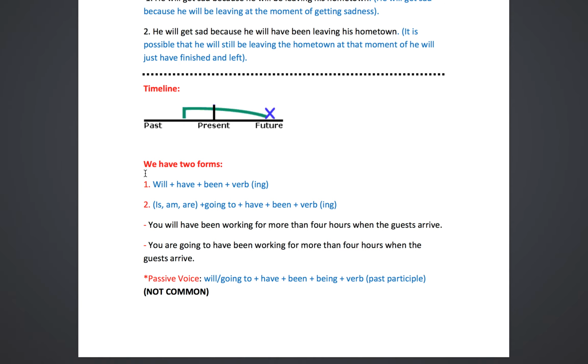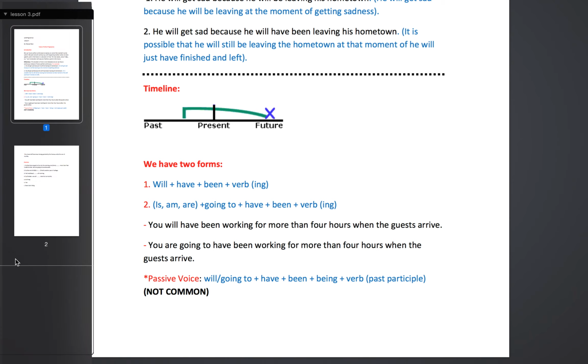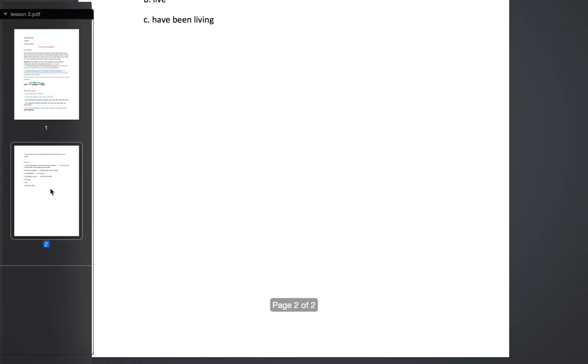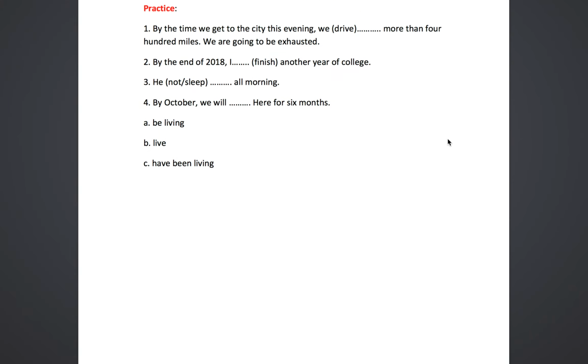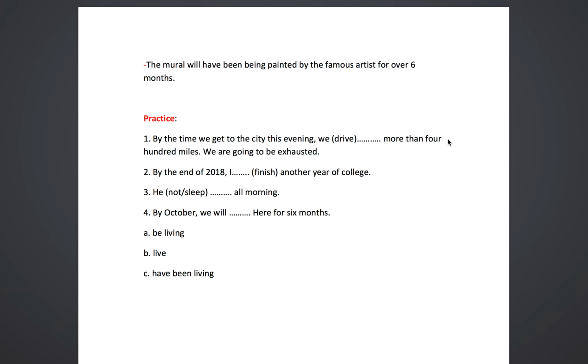So you can only know it as general information. Here we have an example for it. The mural will have been being painted by the famous artist for over 6 months. Here we have will have been being painted, which shows the passive voice, that the action has been done by someone.